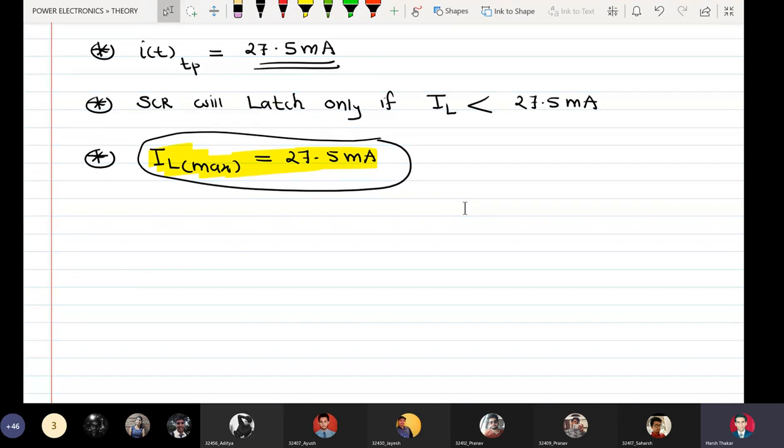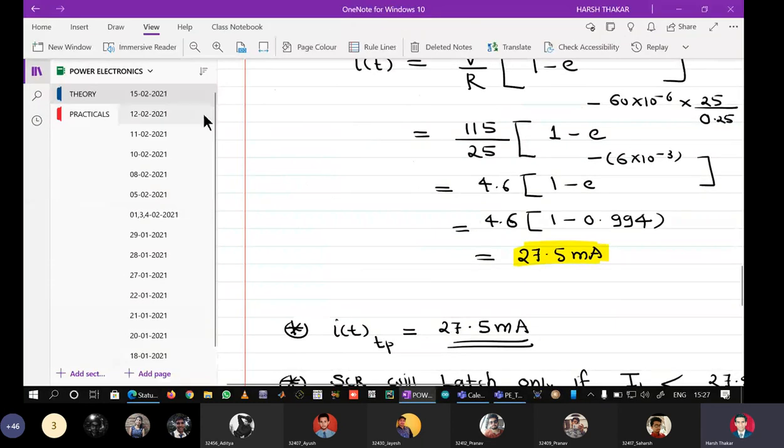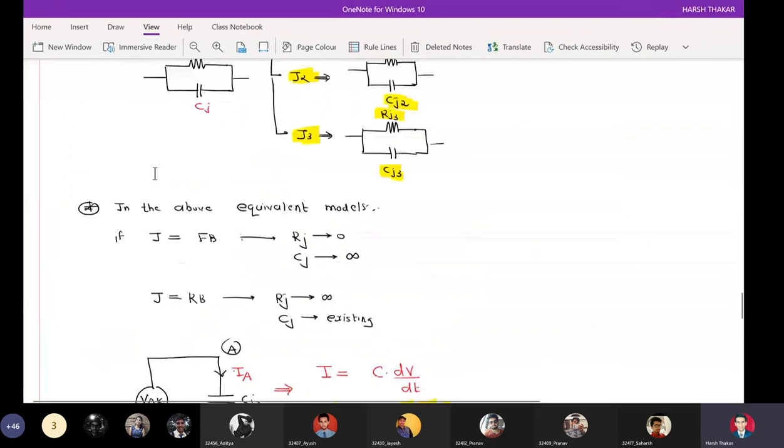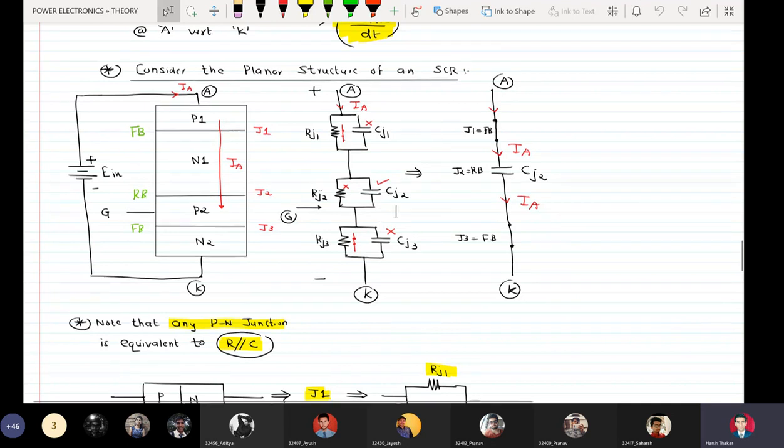Now we have some numericals on the transient model of an SCR, right? So if you remember, we had drawn this transient model of an SCR, wherein we represented each junction of the SCR J1, J2, J3 with RC combination RJ1 parallel CJ1, RJ2 parallel CJ2 and RJ3 parallel CJ3, and assuming that the SCR is forward biased, replacing the RC combinations with short circuit, capacitor and short circuit.